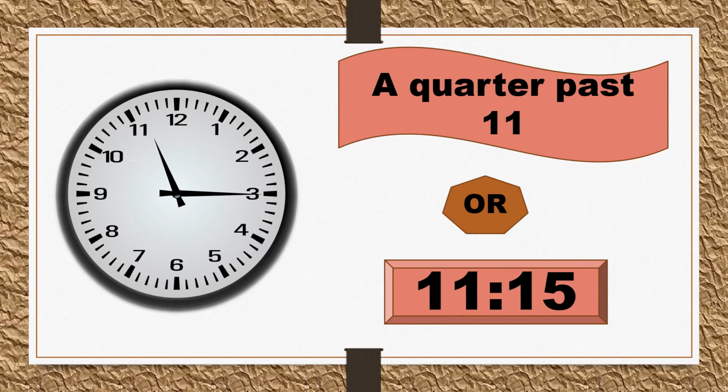Children, look at the clock and tell me what time is it? Yes, you can see here the minute hand is at 3 and the hour hand is a little after 11. This means the time is a quarter past 11. We write it as a quarter past 11 or as 11:15.